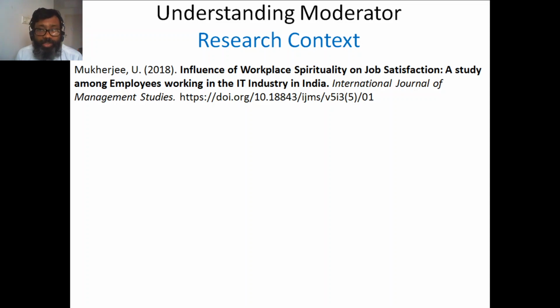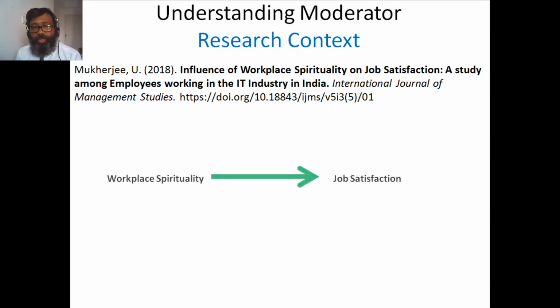So can anybody draw this? Try drawing a conceptual diagram of this. I am giving you 5 seconds to think and draw. 1, 2, 3, 4, 5. Okay, so how will it look? Workplace spirituality, look at the title of the paper.